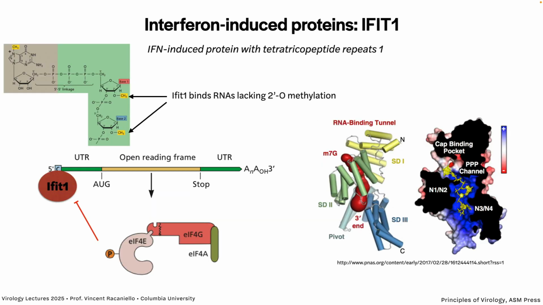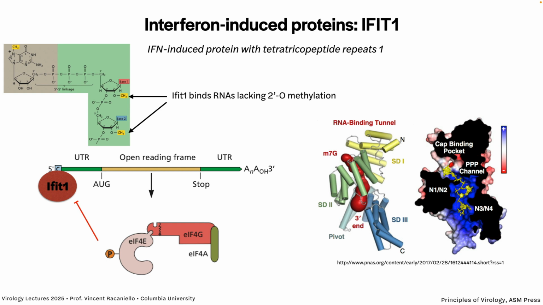Some other interferon-induced proteins that I like, this one's called IFIT1. This protein binds RNAs lacking 2'O methylation. What is 2'O methylation? So here is the cap on an mRNA. So there's the G, the cap G, and then 3 phosphates, and then the first base of the mRNA. Along with the cap, remember, these bases are methylated.